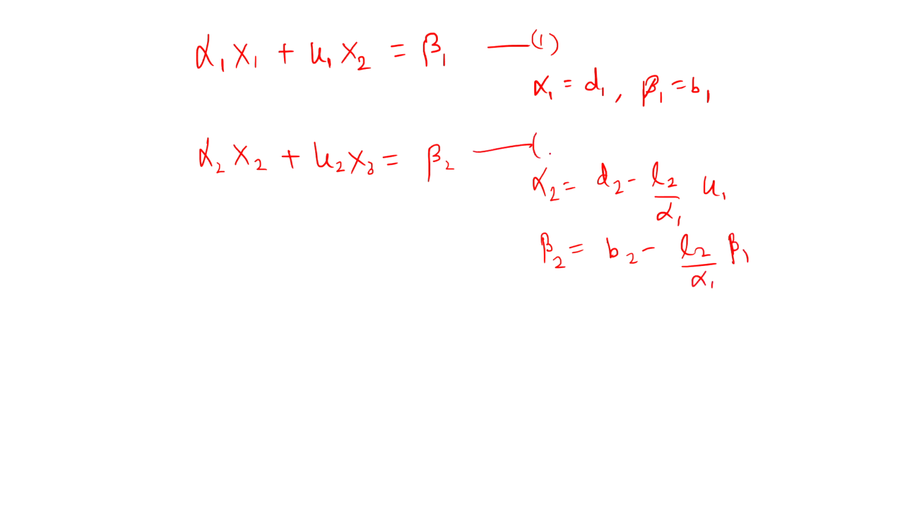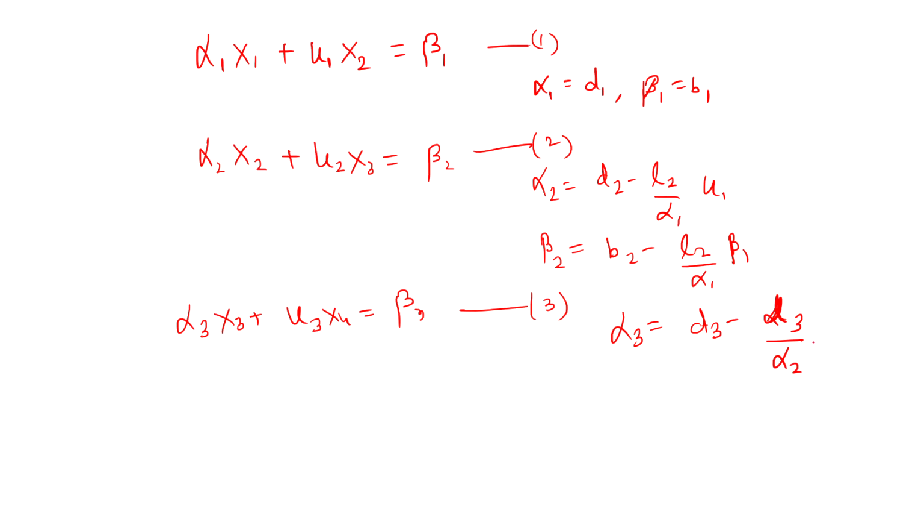Similarly, my equation number 3 will become alpha 3 x3 plus u3 x4 is equal to beta 3, and that will give me alpha 3 is equal to d3 minus L3 upon alpha 2 times u2, beta 3 will be b3 minus L3 upon alpha 2 times beta 2.